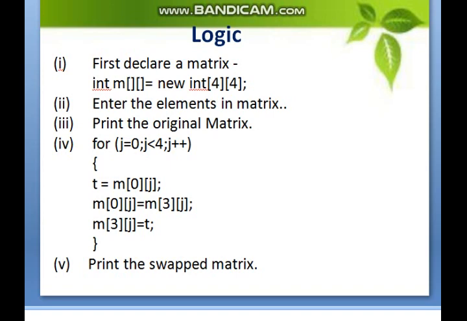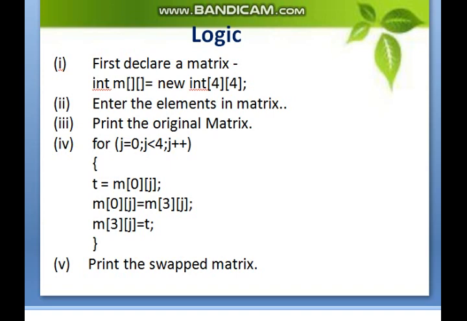So I have fixed here m[0][j], the first row position, and the fourth row m[3][j]. So this loop revolves 4 times, and each time it changes the position of the column, not the row.